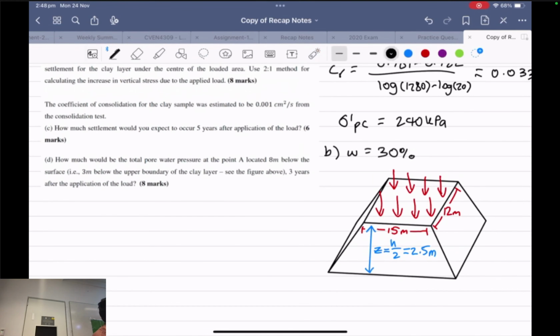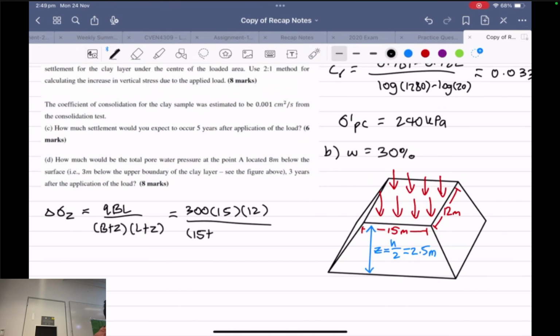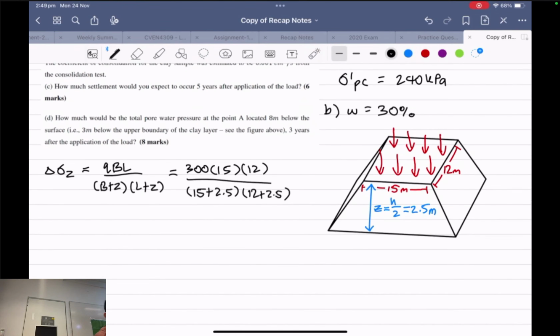So when we do that using the 2-to-1 method, the formula for the 2-to-1 method for uniformly loaded rectangles is QBL divided by B plus Z, L plus Z. So we know Q is 300, B is 15, L is 12, then we have B plus Z and L plus Z. Alright, and that's equal to 212.81 kilopascals.